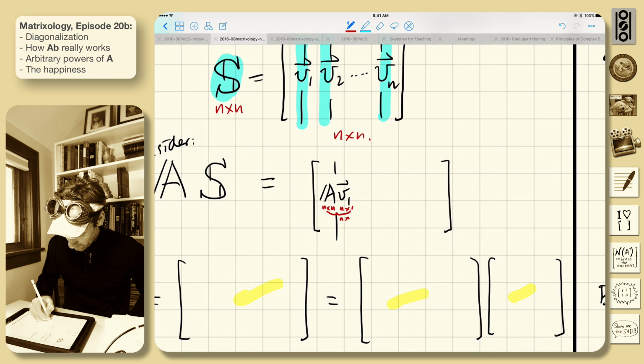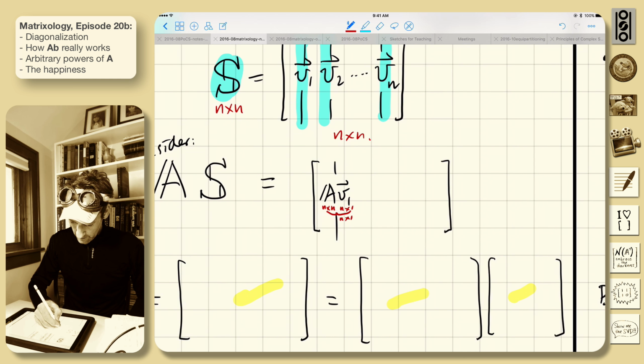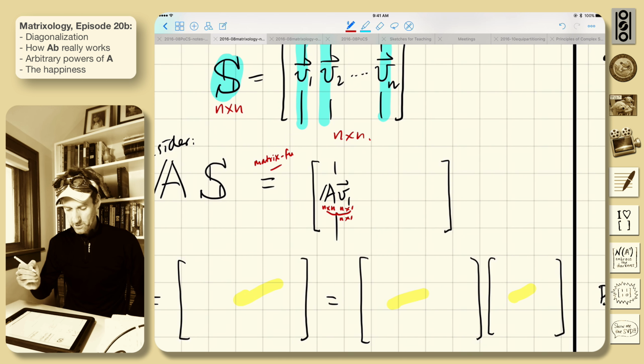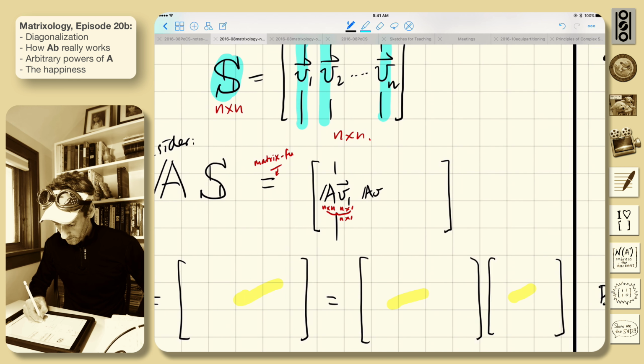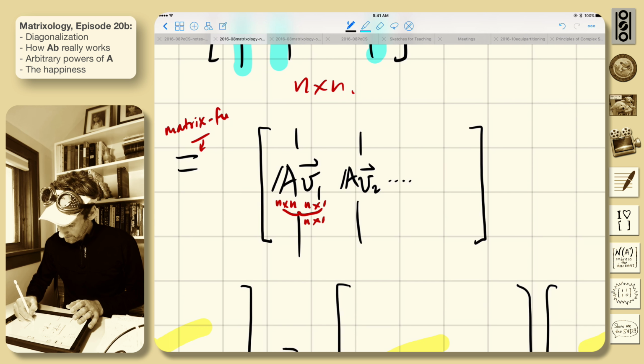So this is m by 1. Advanced matrix wrangling from early on. And then the next one would be A v2. And then we'd have a stack of them next to each other, and then the A vn one.